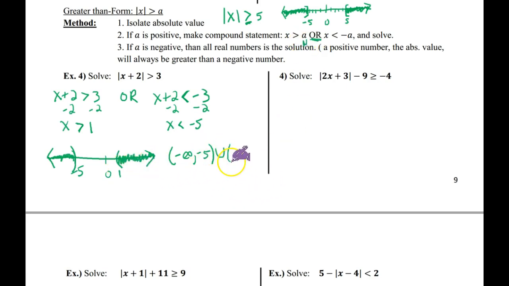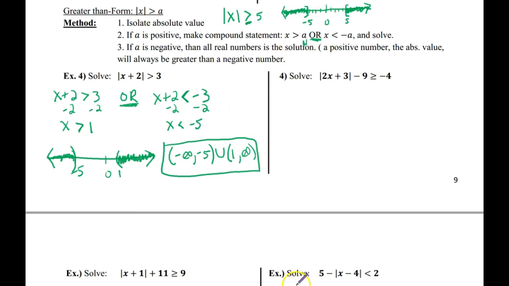Starting at 1, going up in the direction of positive infinity. And that's our interval notation. So you're always going to break up a greater than statement into an OR statement. The solution is here or over there. Again, because it's greater than, the distances are getting further away from wherever we're starting at.